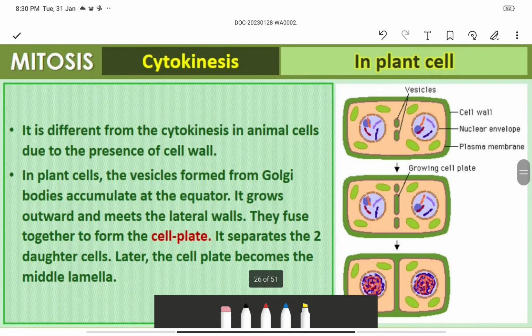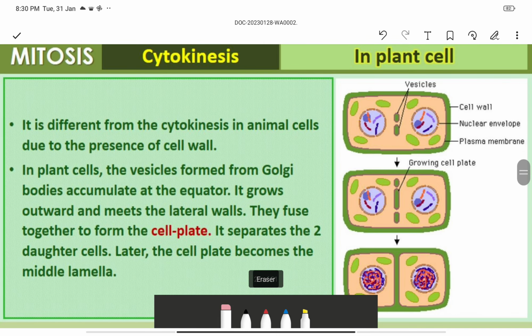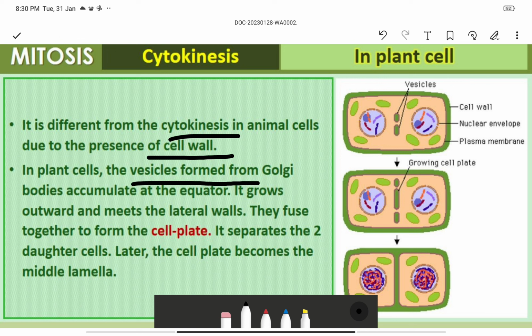Whereas in the plant cell, it's quite different because the cell wall is present here. It is different from cytokinesis in animal cells due to the presence of the cell wall, which is made of cellulose. In plant cells, vesicles are formed from the Golgi bodies. In the telophase itself, Golgi vesicles appear, accumulate at the equator and grow outward to meet the lateral walls.